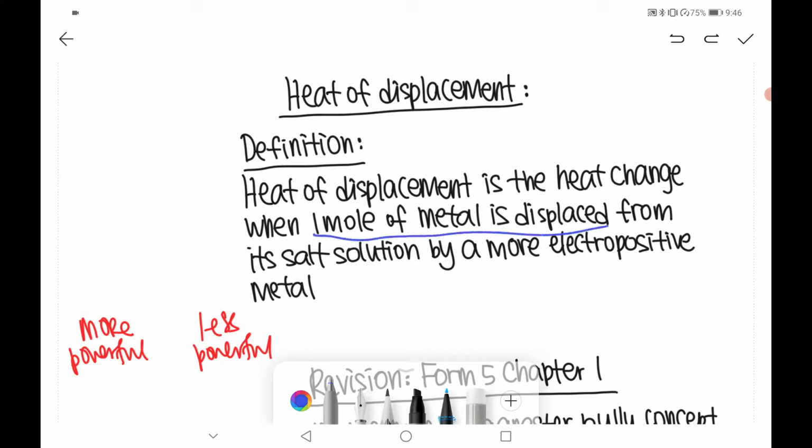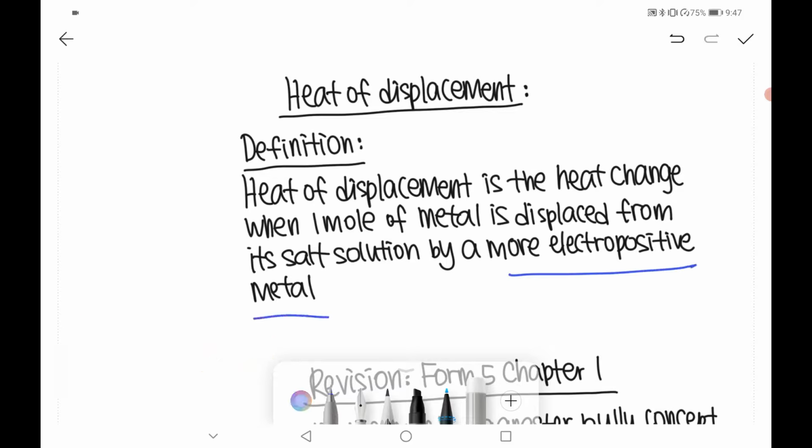When we kick out 1 mole of metal, where do we kick the metal out from? We kick the metal out from the salt solution. Who kicked the metal out? A more electropositive metal. So now I hope you can understand the concept.